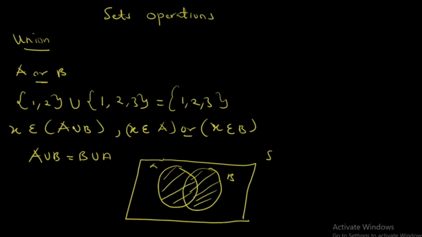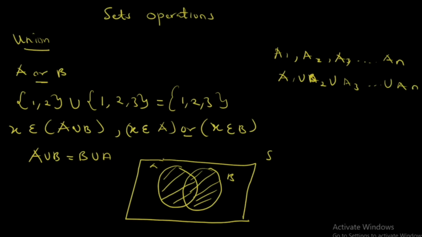Note that similarly, we can write the union of three or more sets. If A1, A2, A3 to An are n sets, their union, which is A1 union A2 union A3 up to union An, is a set containing all elements that are in at least one of the sets.